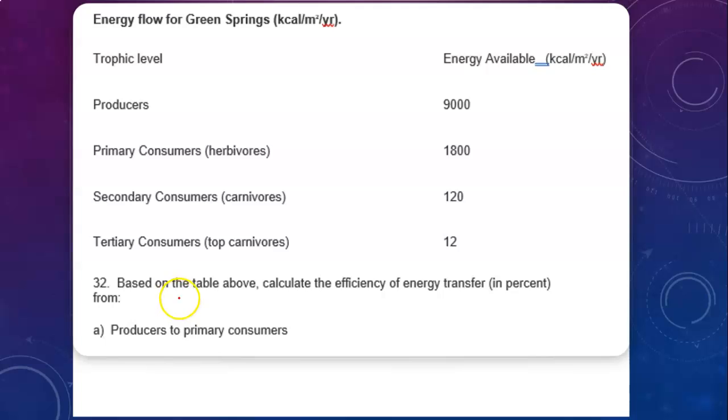And so if you took 1,800 divided by 9,000, so 1,800 was transferred out of 9,000, and so that would be 0.2 or 20%.